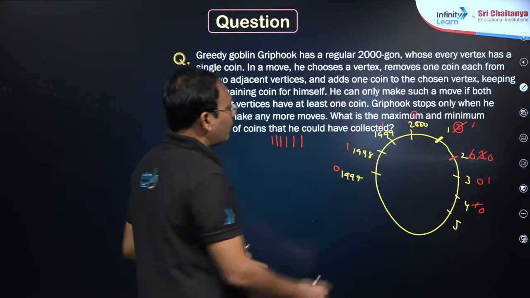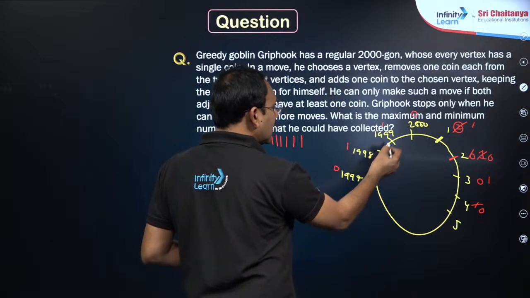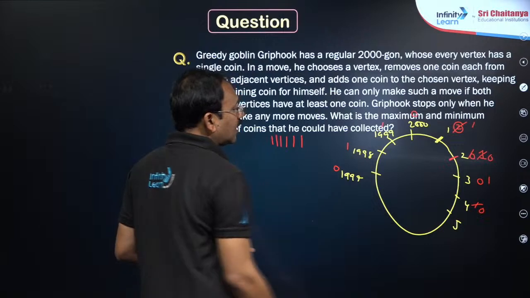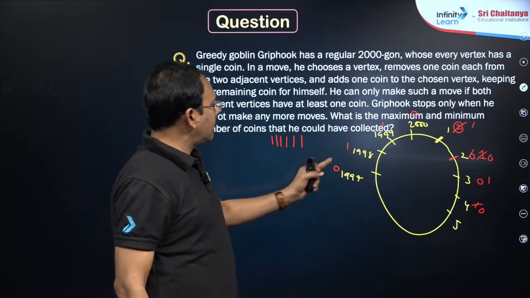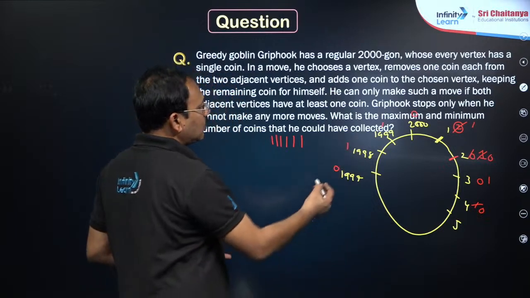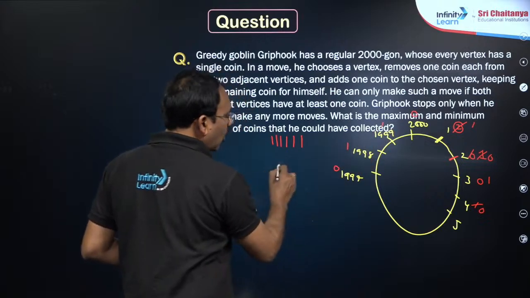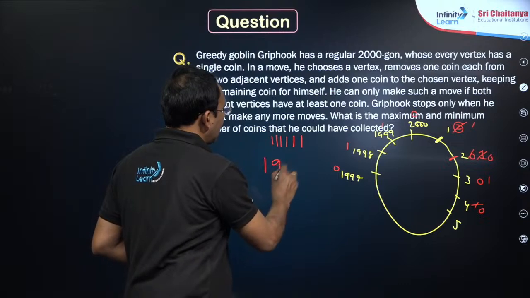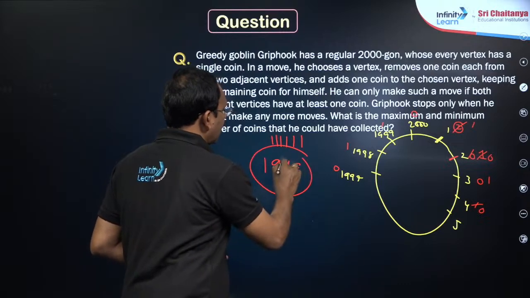After that the next step would be at 1999 he can collect, 1998 he can collect one more step here, so that you will get 1, 1 and you will be left with 0 here. So all together if you continue this process you will get 1998 maximum number of coins.